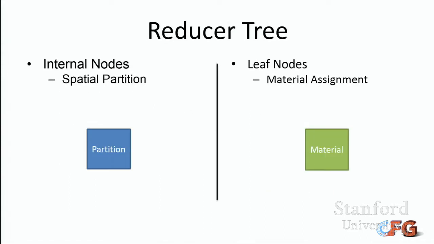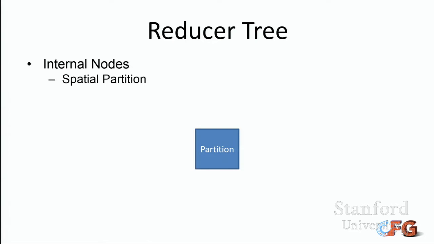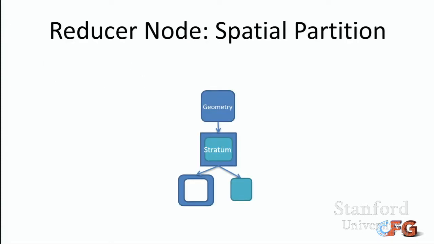This reducer tree has internal nodes and leaf nodes. Internal nodes provide a spatial partition of the space, and the leaf nodes provide specific material assignments. When looking at the previous literature, we found that it's possible to describe these reducer trees with a very small number of different nodes. For example, one type of node that we typically see is a stratum node.